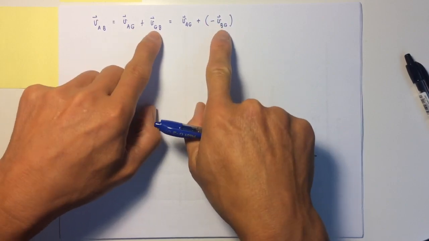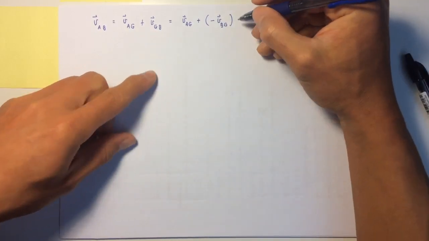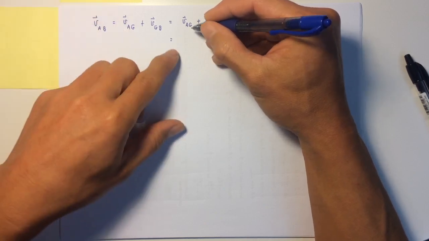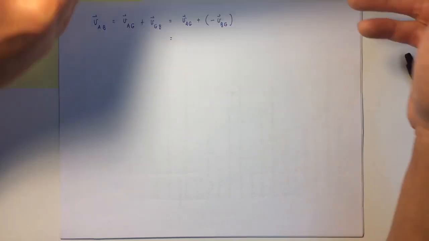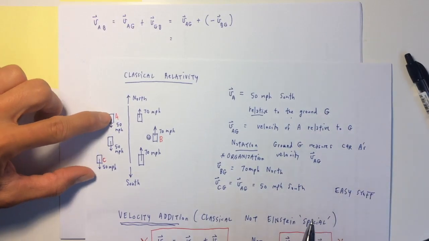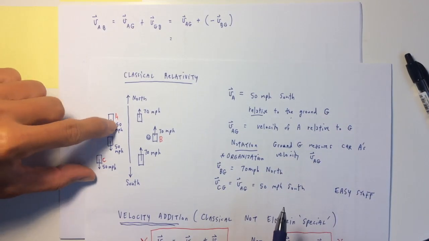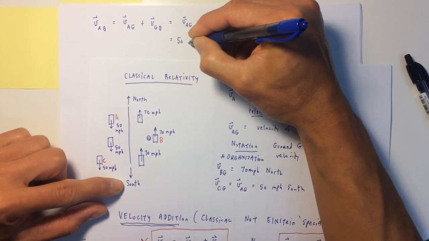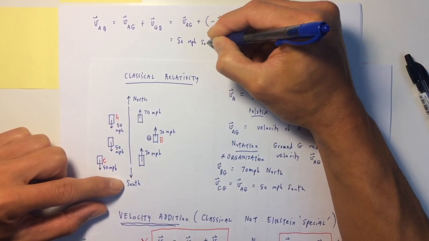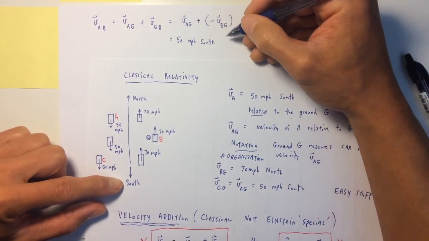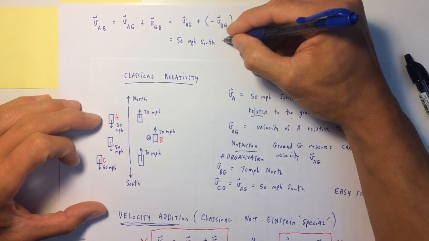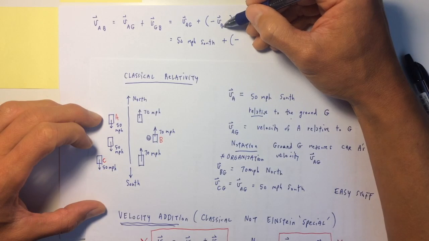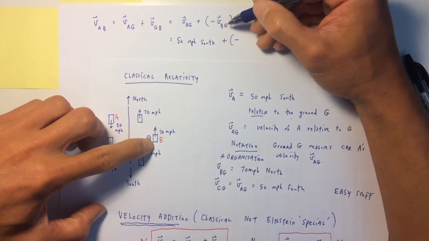So this right here, the velocity of car A relative to the ground, here is car A, and it is traveling 50 miles per hour with respect to the ground towards the south. So this is 50 miles per hour south. That's the velocity of car A with respect to the ground. And we're going to add on the opposite of the velocity of car B. Here's car B relative to the ground.